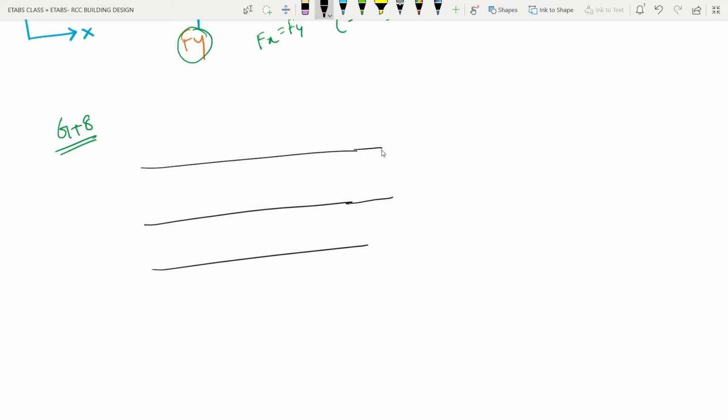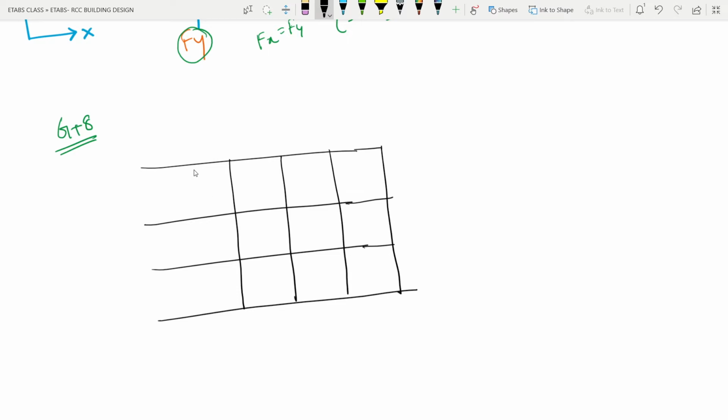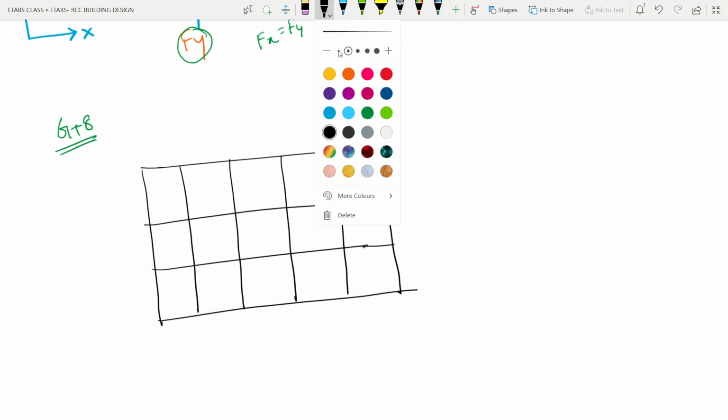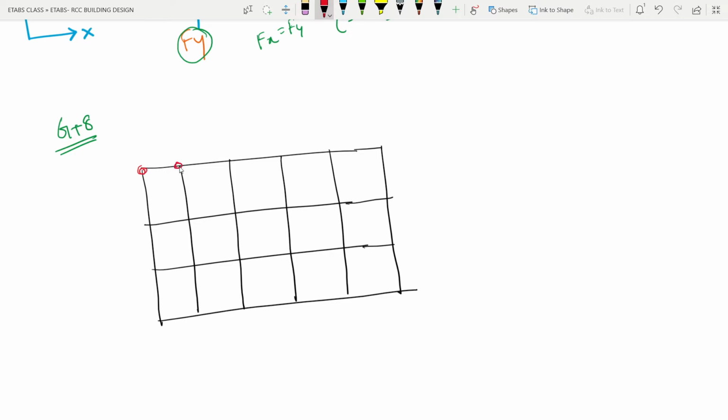Just make it a bit longer. Here, fine, and I will draw the columns also. I will not draw the lift and all.